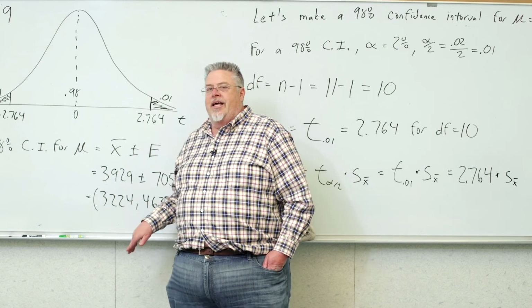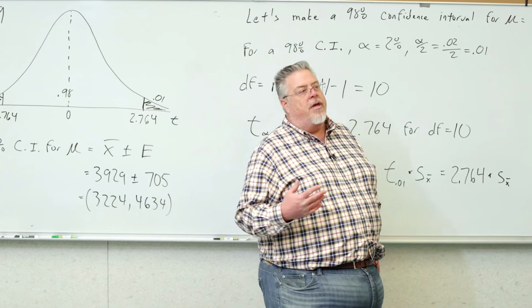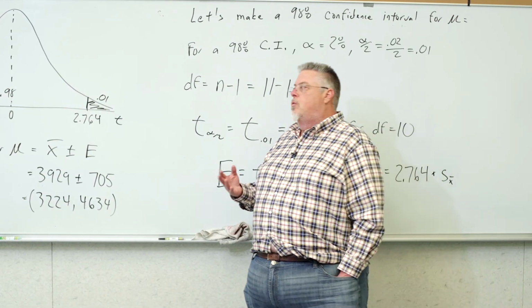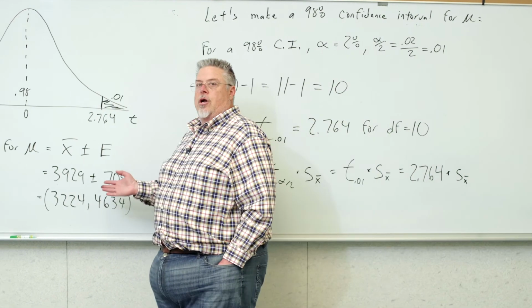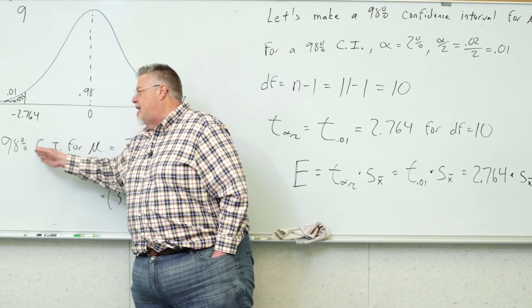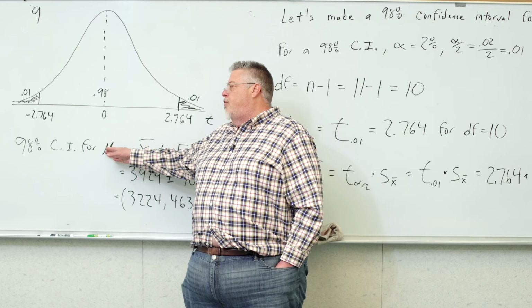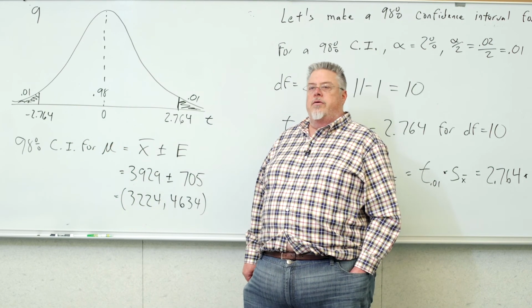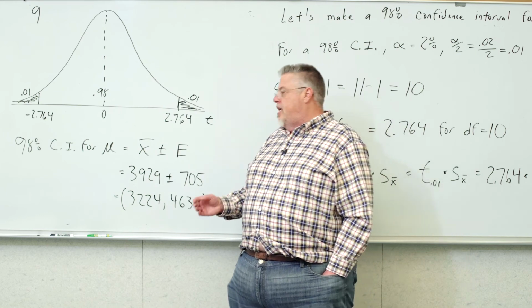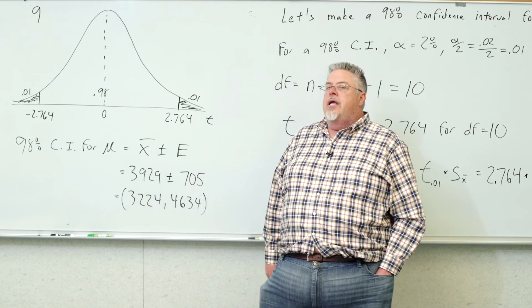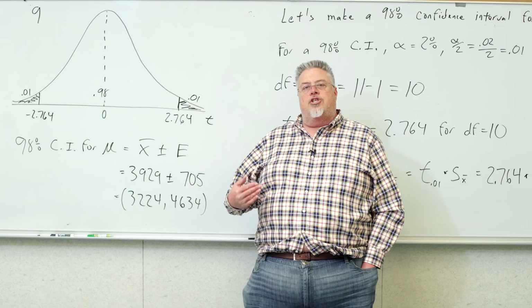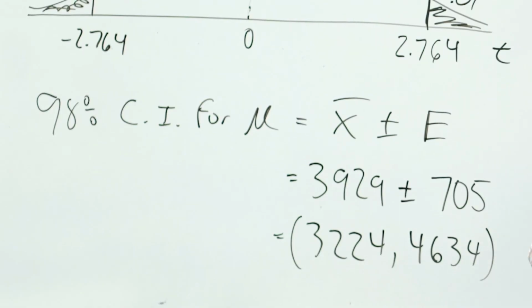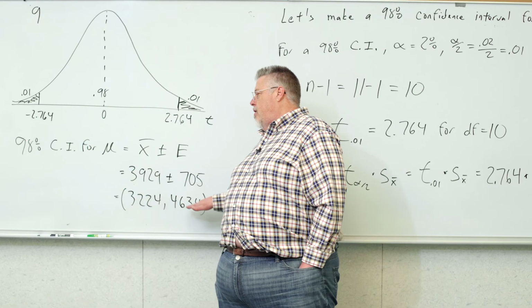What this is telling us is if we were able to weigh all the hippos in the world, we're pretty sure, we're 98% confident that the average for all the hippos in the world is somewhere between here and here. Okay, so again, it's not that 98% of hippos are between here and here, it's that we're 98% sure that the average for all hippos is here and here.